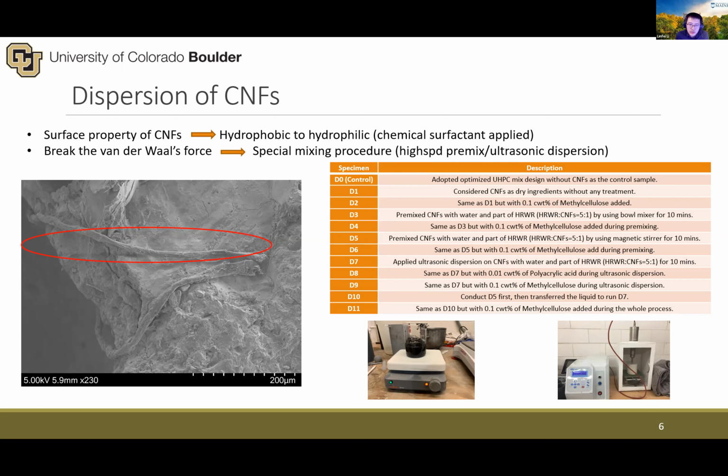This might be overcome with specific treatments, like a very powerful mixing procedure. The table on the right-hand side shows the different dispersion techniques we offered. Generally, they combine different types of chemical surfactant or different mixing processes, such as premixing with different devices or ultrasonic dispersion.